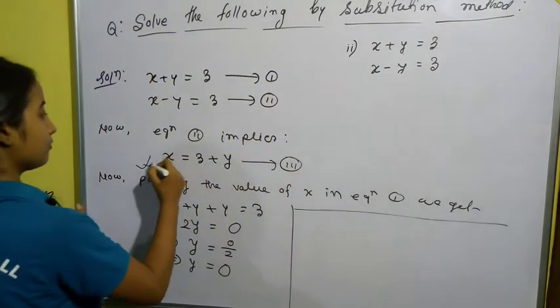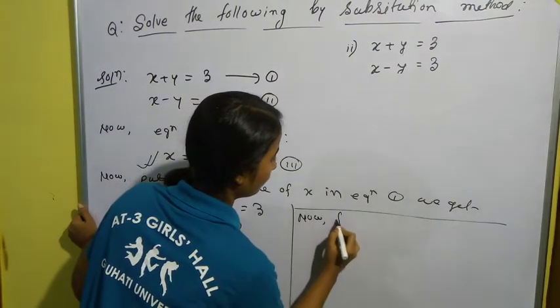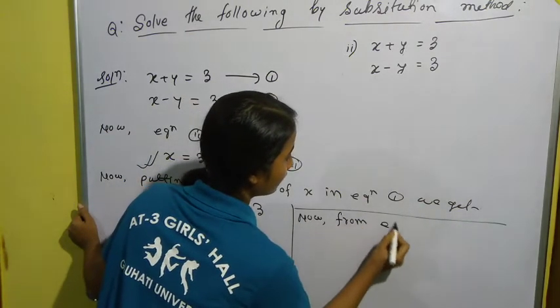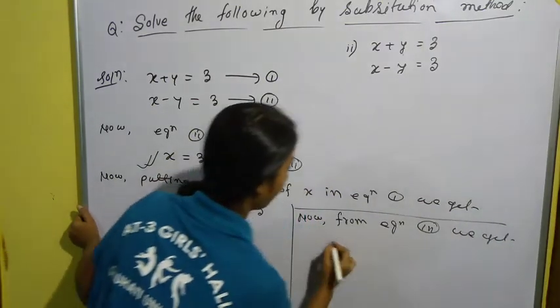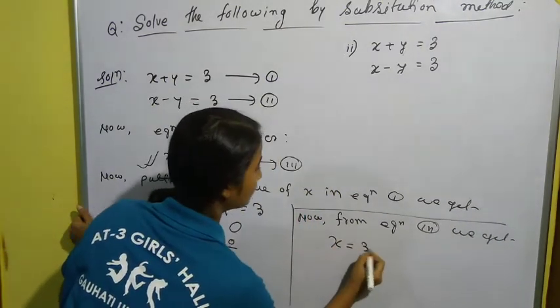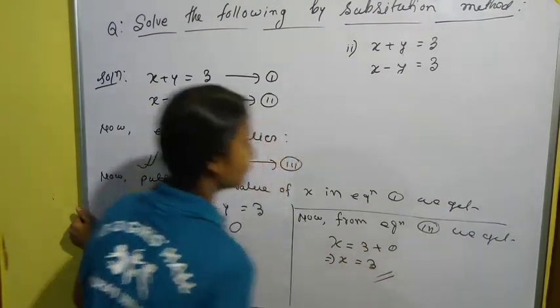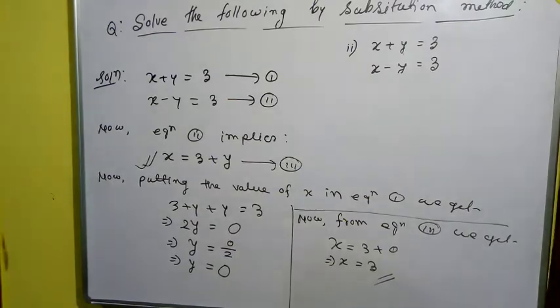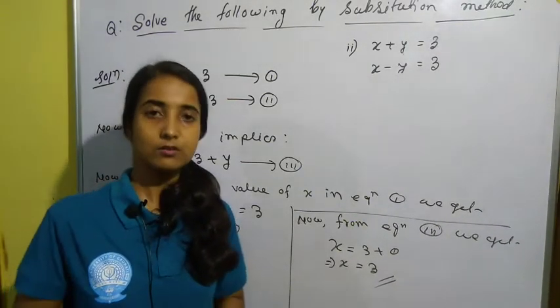Take the equation number 3. Now from equation 3, we get x is equal to 3 plus 0. That means x is equal to 3. We are getting the value of x is equal to 3 and the value of y is equal to 0.